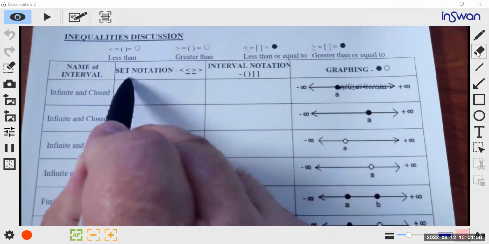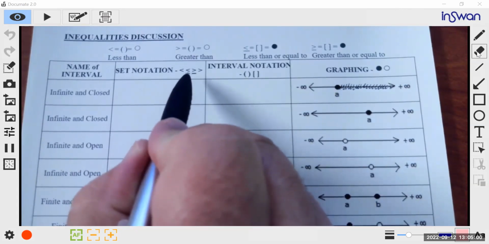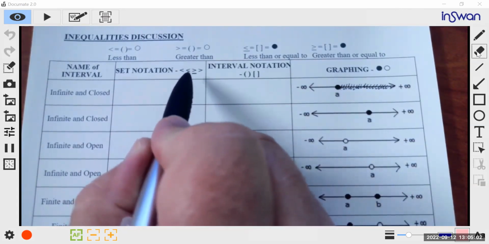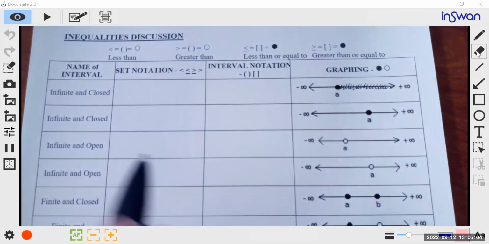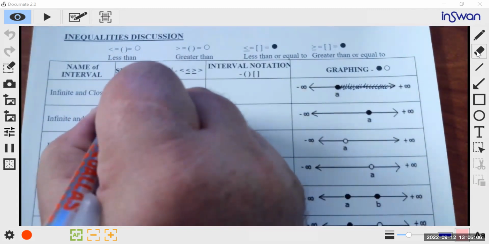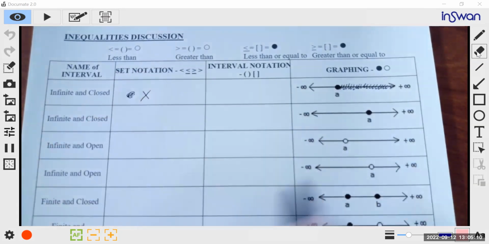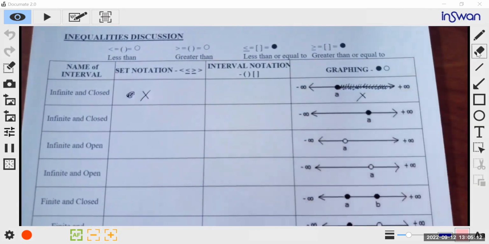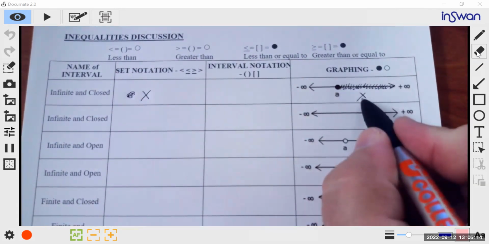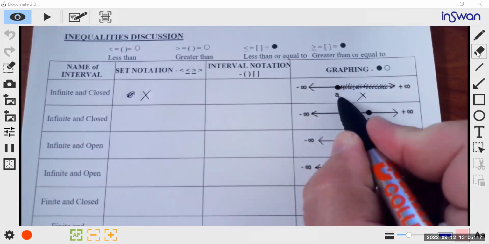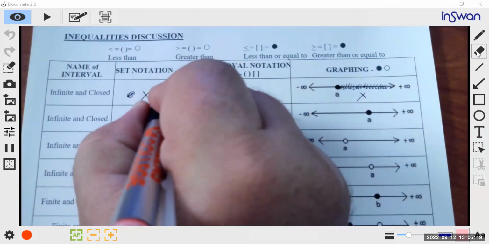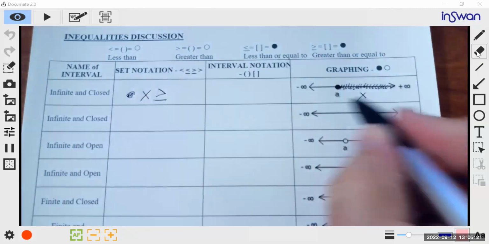Using set notation. Set notation uses inequality symbols. What this says is X, because what we're looking at here is the x-axis. I'm looking for all x's greater than or equal to A, because I can include it.